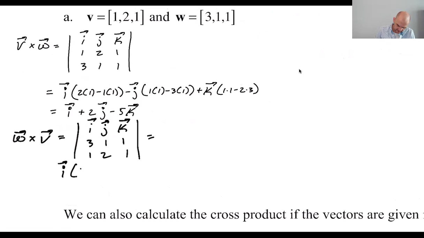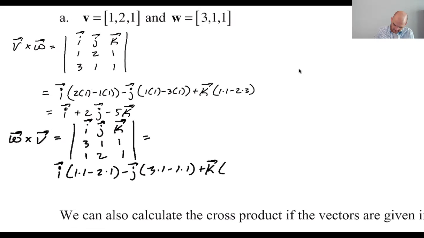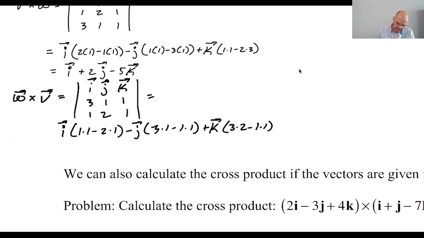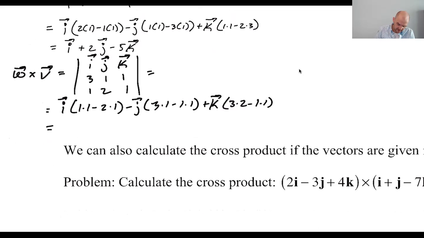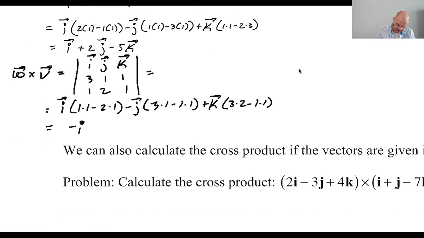So we get 1 times 1 minus 2 times 1, minus j, 3 times 1 minus 1 times 1, plus k. I hope that you've done determinants before. If you haven't, it's not the end of the world, you might have a little learning to do. So this is going to give me negative i, and then minus 2j, and then plus 5k.